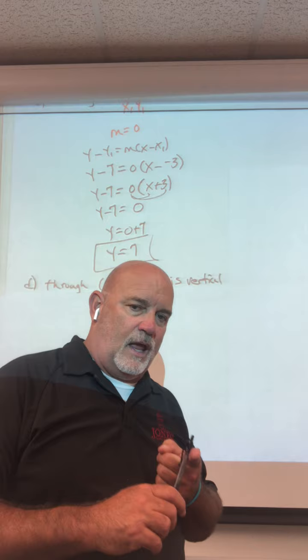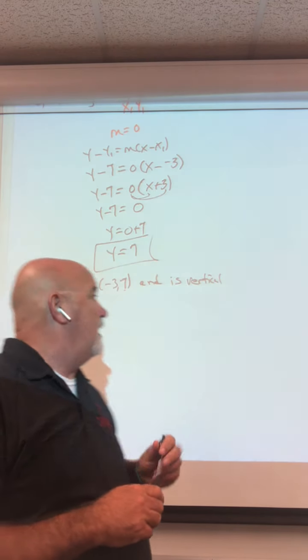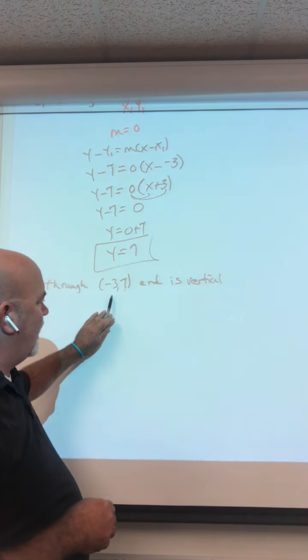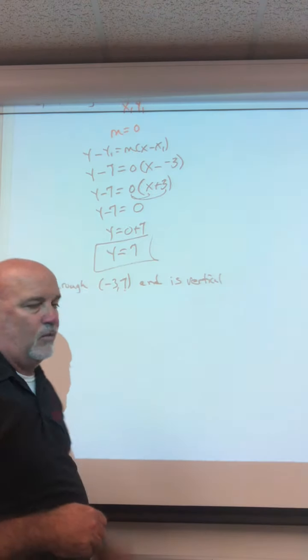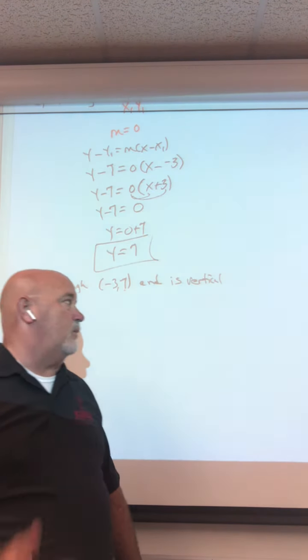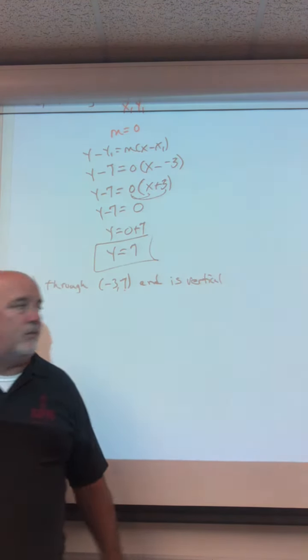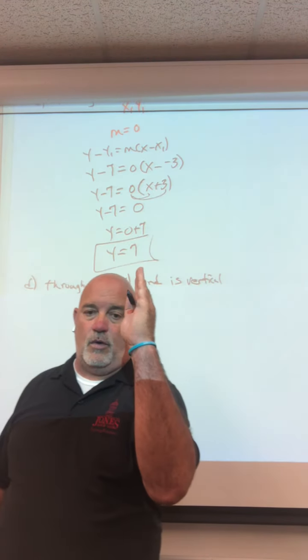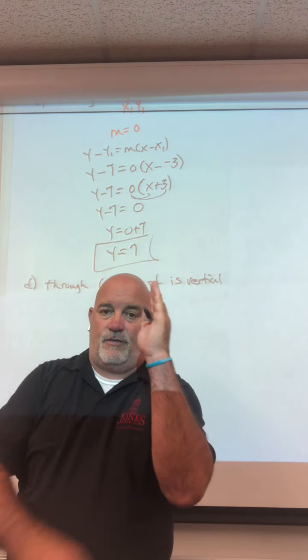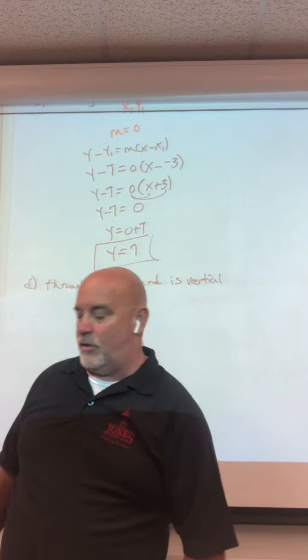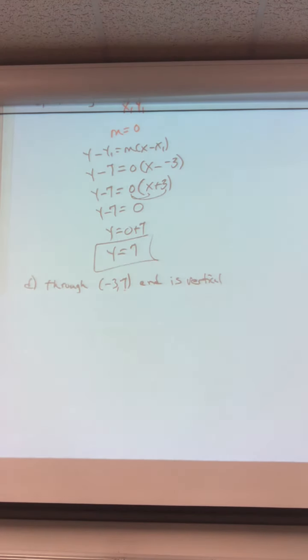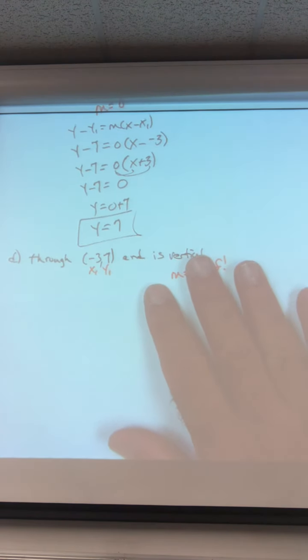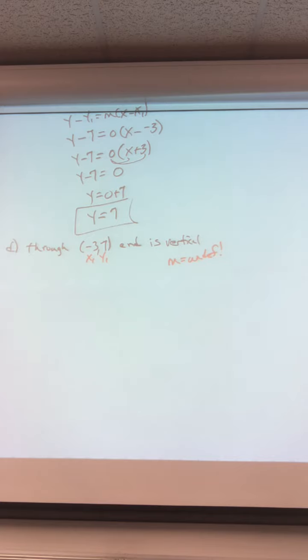A point on the line and the slope of the line. I have a point on the line, so right up under here, call this x1, y1. Now you say, we don't know the slope. Yes, we do, because we know the line is vertical. A line that is vertical, what is the slope of that vertical line? It's undefined. So we've got a point and we've got the slope undefined.